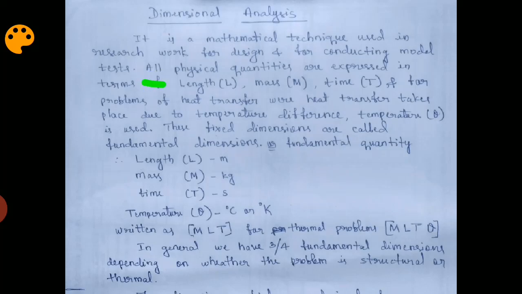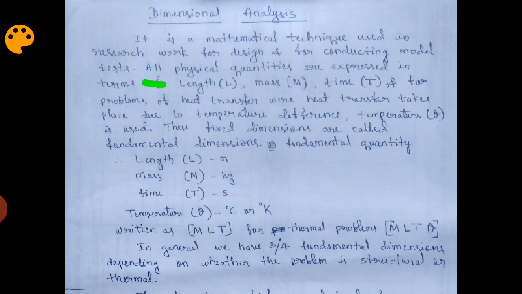All physical quantities are expressed in terms of length, mass, time. Length is expressed standardly as L, and mass is expressed standardly as M. Time is expressed standardly as T. And if the problem is a thermal problem where heat or temperature interaction is involved, usually because of temperature difference, heat transfer takes place.